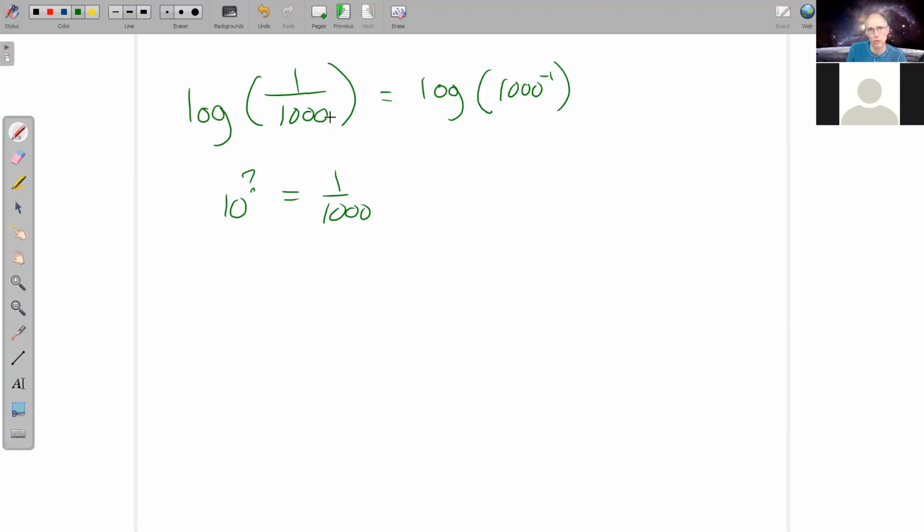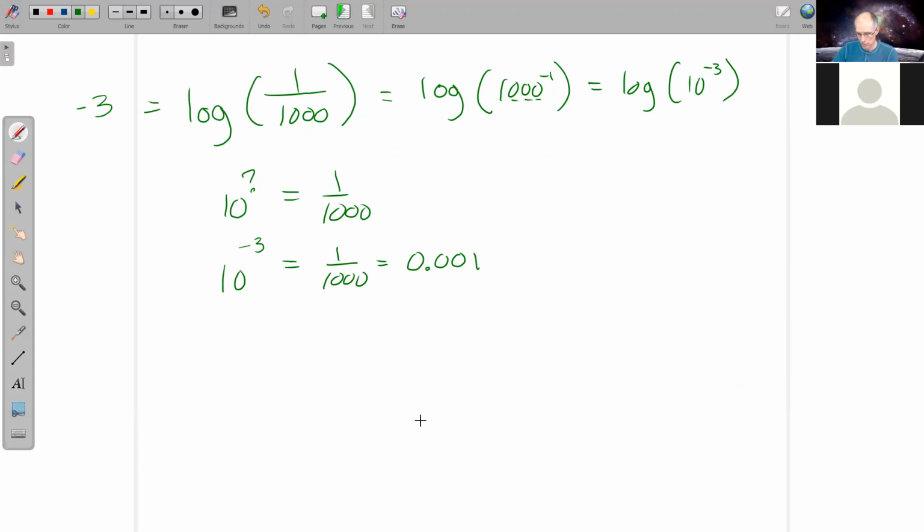Things that were in the numerator go to the denominator. Now I see 3 zeros there, so that means it's 10 to the 3rd, but because it was in the denominator, 1 over 1,000 is really 10 to the -3. What power is that? It's the power -3, so if I plug this into my calculator it should say that's -3. In other words, 10 to the power -3 is 1/1000th, or in decimal version, tenths, hundredths, thousandths.